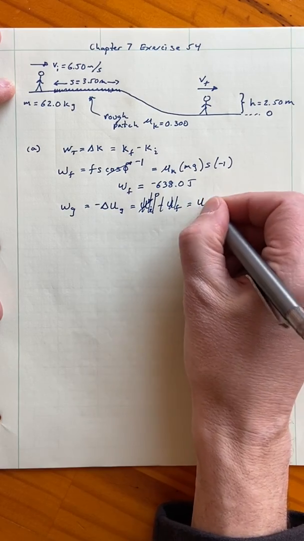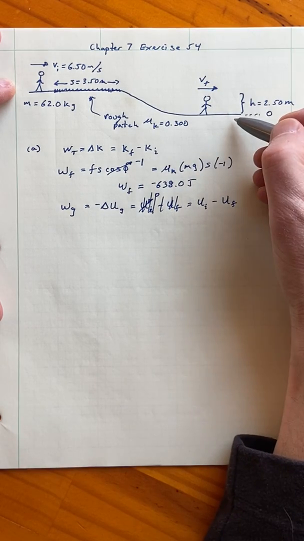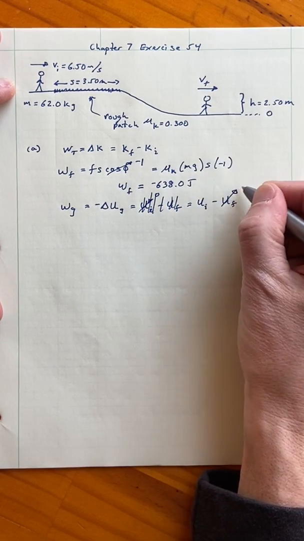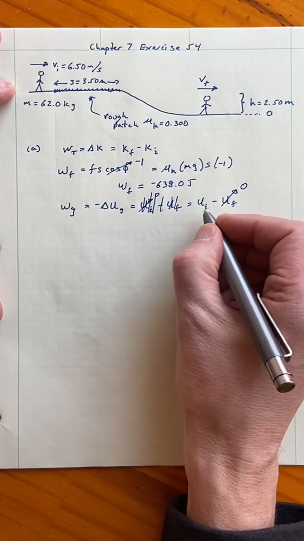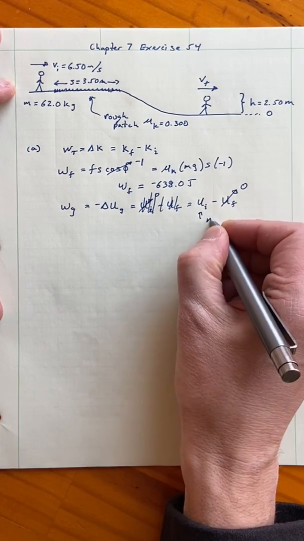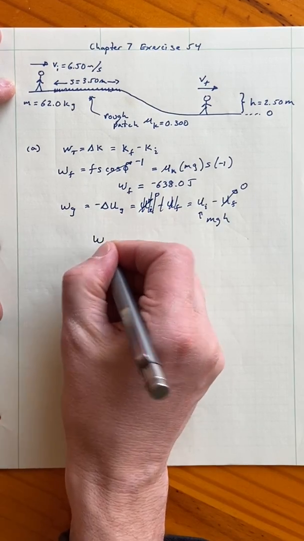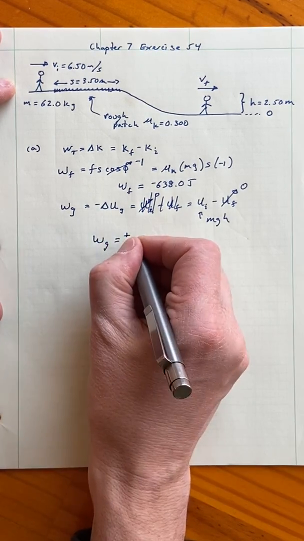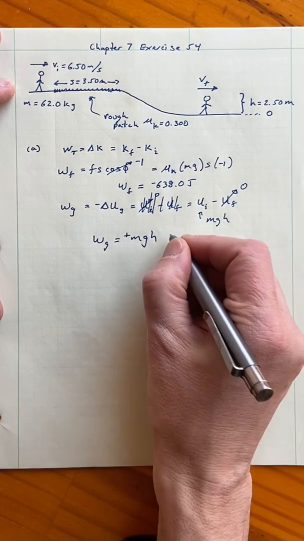So we got U initial minus U final, but when the skier is at the bottom of the hill, the final potential energy is 0. And the initial potential energy is just mgh. So the work done by gravity is equal to plus mgh, which is a number you can calculate also.